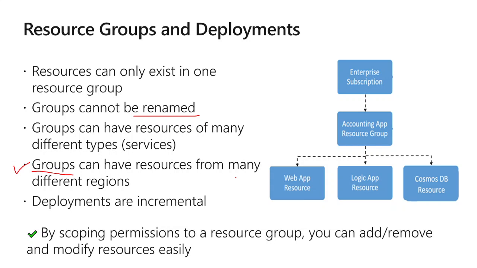So let's say a web app is deployed in South India, this one I'm going to deploy in Europe, and this one in East US2, and the resource group is a part of East US2. It is possible, they are different regions. Make sense?